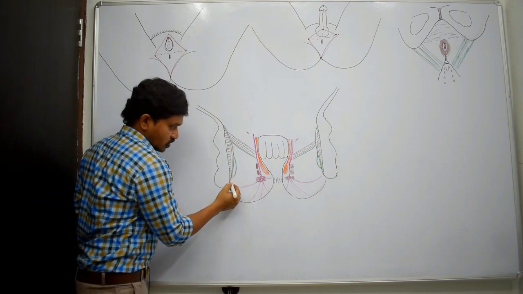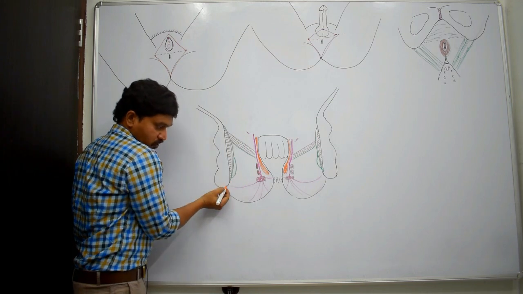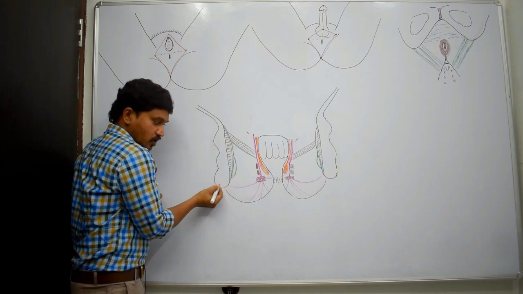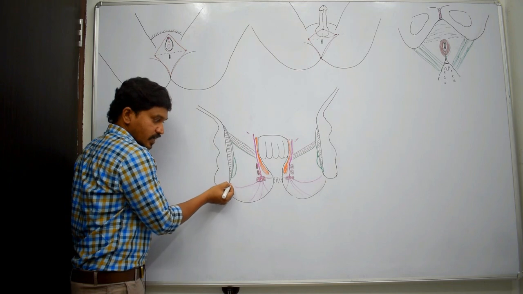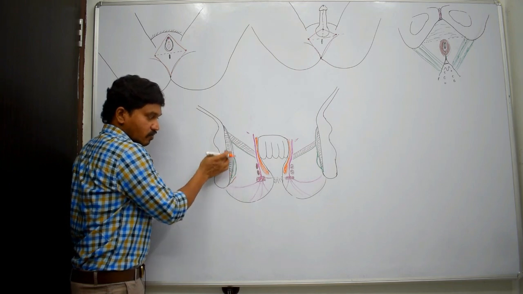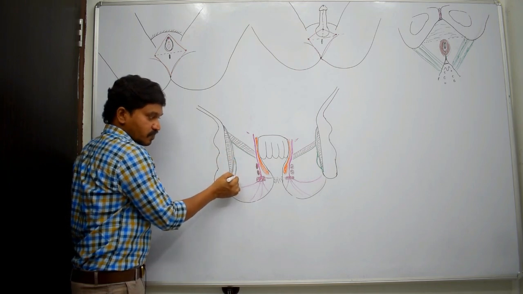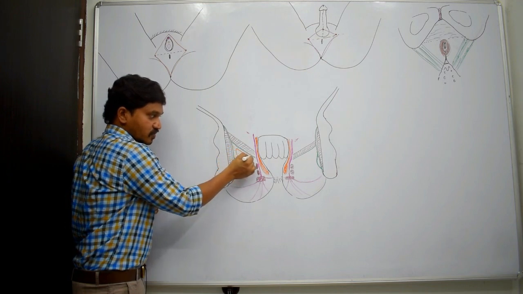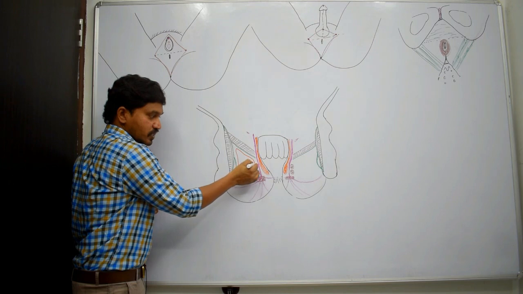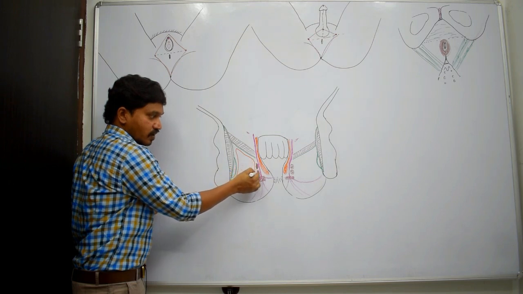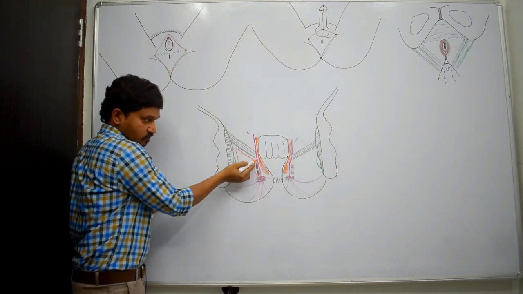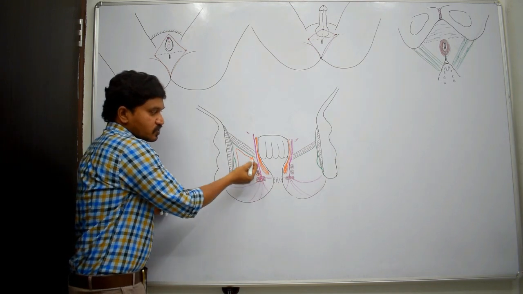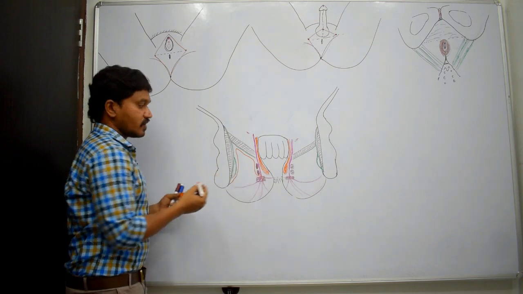In the lower part, it fuses with the periosteum of ischial tuberosity, then it lines the obturator fascia, then it lines the anal fascia, and it fuses with the anal fascia at the level of Hilton's line. Actually, anal fascia will be coming like this. I didn't draw it because it will disturb.